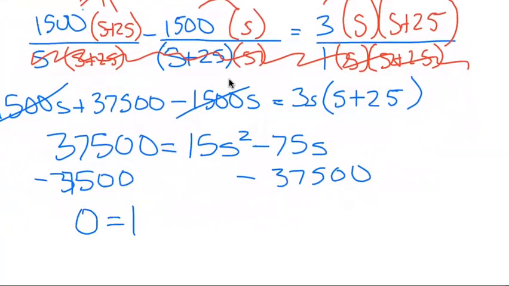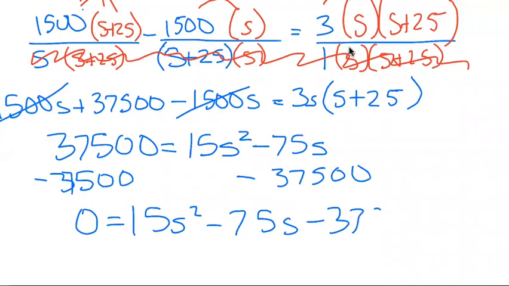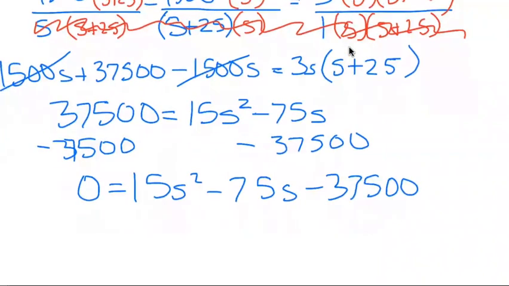0 is equal to 15S squared minus 75S minus 37,500. I think I've still done something wrong.